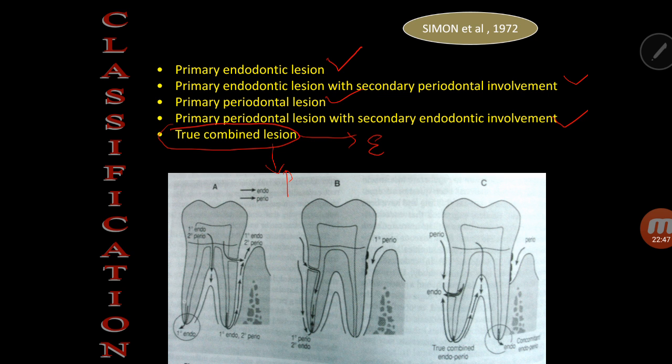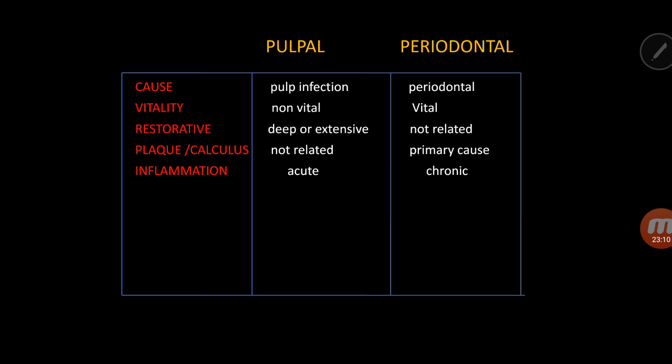In primary endo, an endodontic infection further leads to periodontal problems. In primary perio, infection through the lateral canals or from the furcation leads to the endodontic problem. In a true combined lesion, it has both periodontal and endodontic disease.